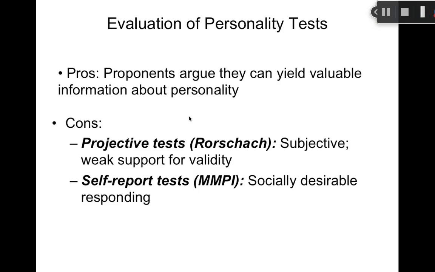A weak support for validity. Measures are supposed to pass two tests, that is the test of validity and the test of reliability. Validity has to do with whether, if a test is supposed to measure some personality trait or attribute, or some specific aspect of your inner life, there is some way to assess whether it measures what it's supposed to measure.